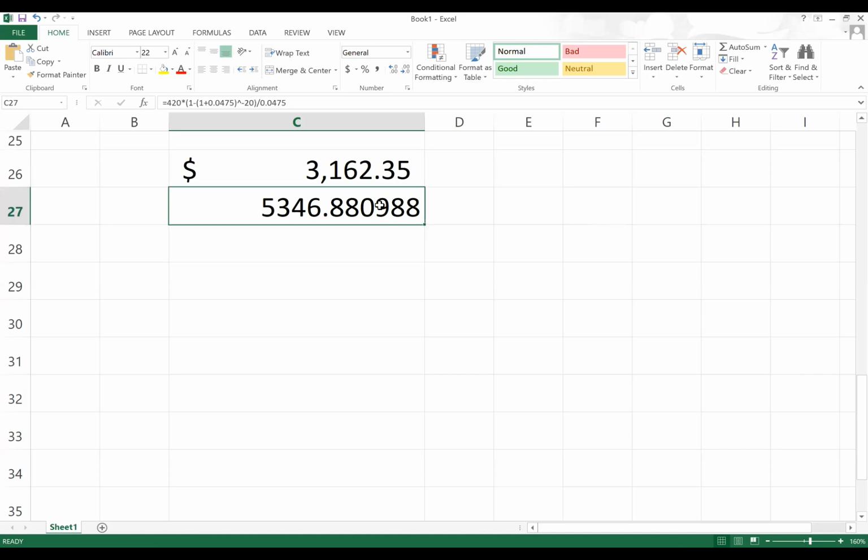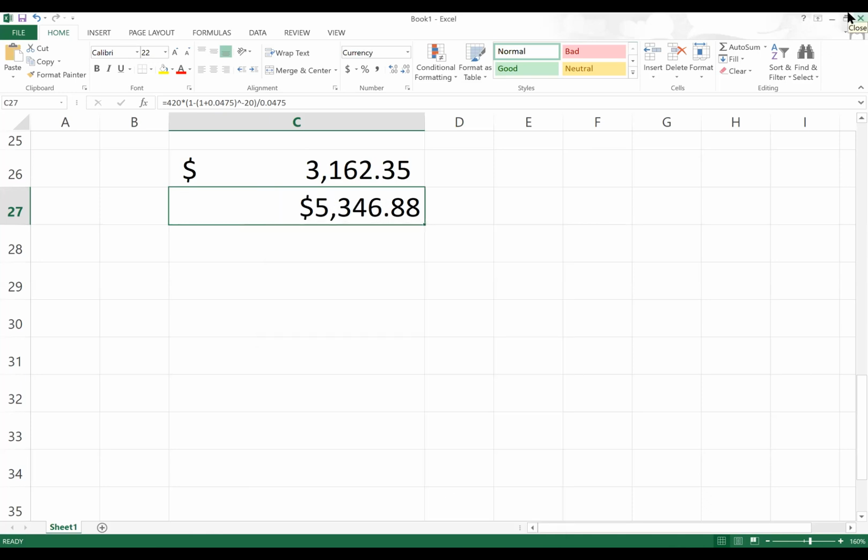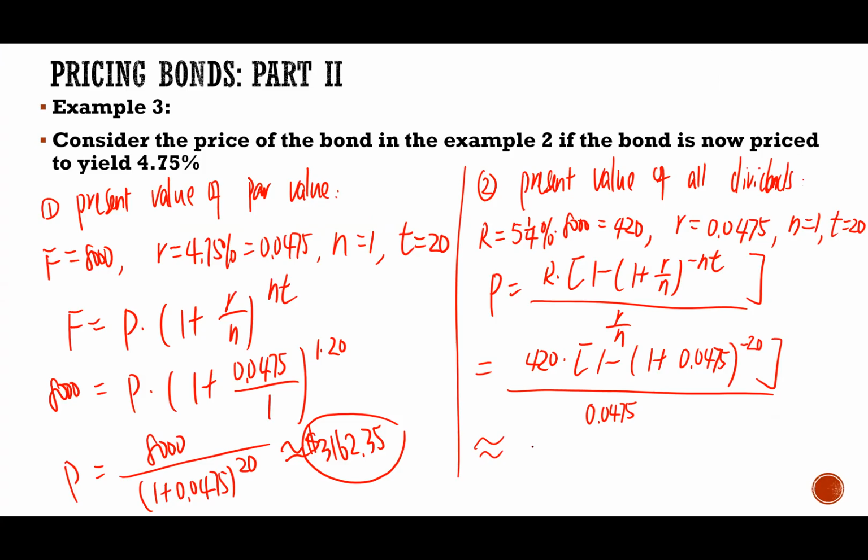And this amount turned out to be $5,346.88. The final bond price will be the total of those two.